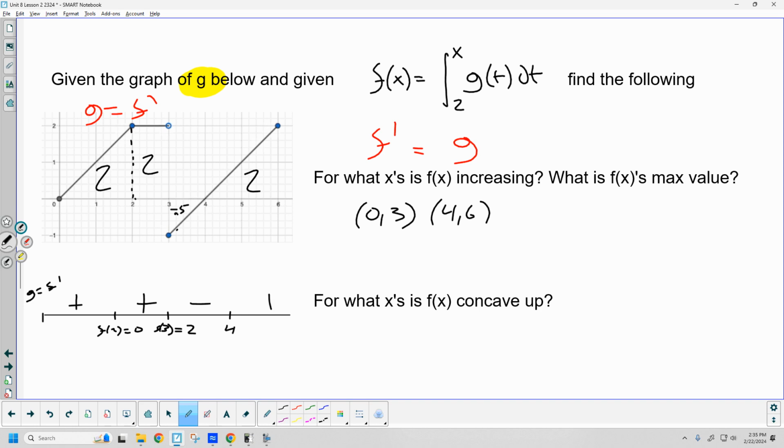Positive until 2. And there's the 0. Okay.